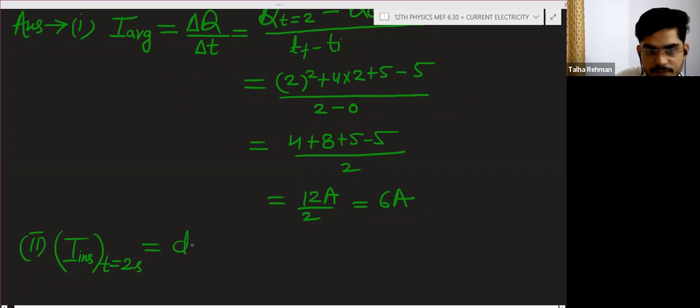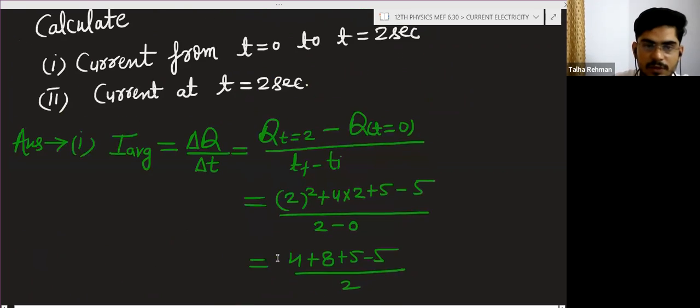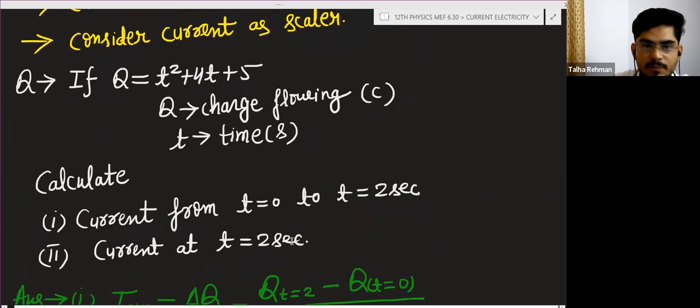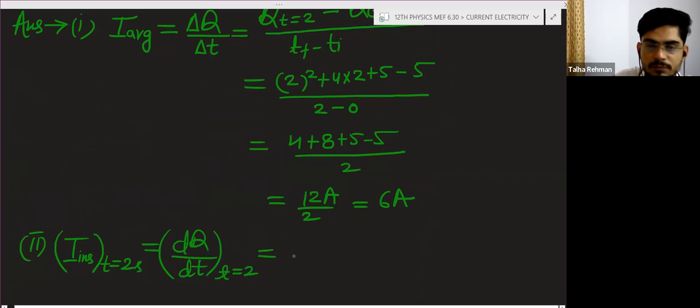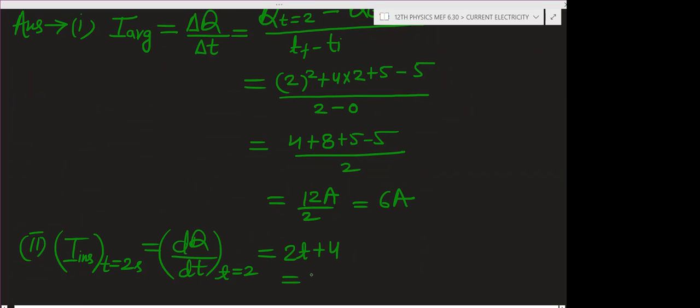And we have dq by dt, and put the value of t equal to 2 in dq by dt. So can you solve this? What is the answer, Matthew? I didn't complete it, sir.